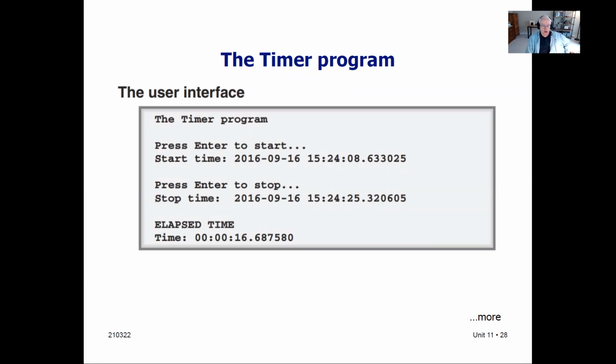All right, so another preface here. To understand the timer program, also could be called a stopwatch program, we're going to use the input function without any input. And all we want to do is stop the program, prompt the user, and then move the program on to the next line of code when the user presses the enter key on the keyboard.